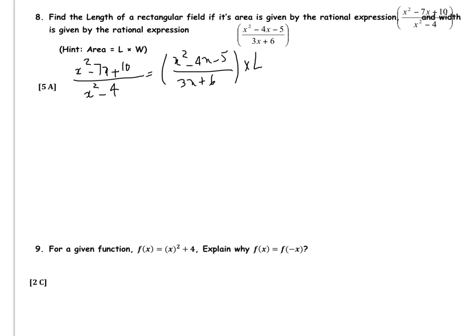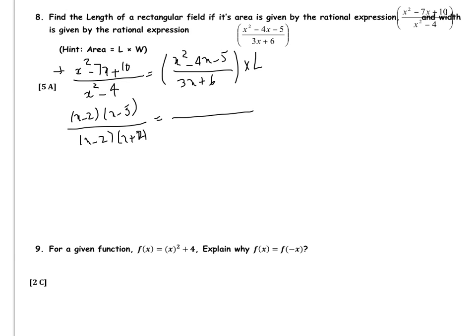To do that one, I'm going to write the fractions as factors. The numerator here, the leading coefficient is 1, so find two numbers that multiply to 10 and add up to -7. Those are -2 and -5, so I can write (x minus 2)(x minus 5) divided by x squared minus 4, which can easily be written as (x minus 2)(x plus 2).